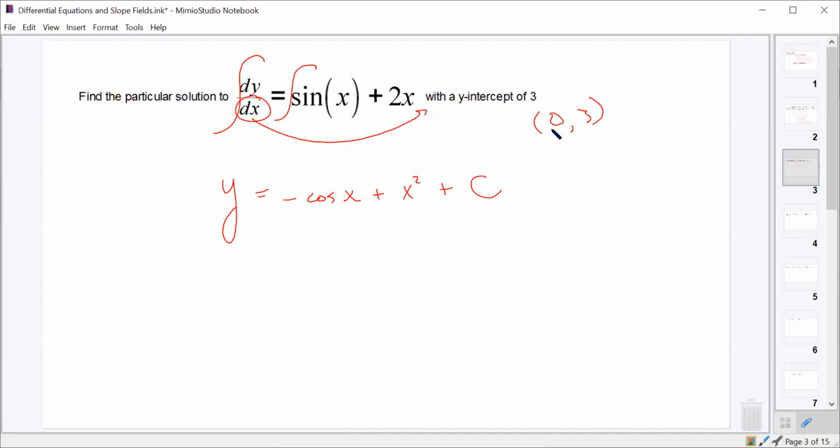We'll plug in 0 for x and 3 for y. Cosine of 0 is 1. So this is negative 1 plus c is 3, or c is 4. So easy enough. Our final solution here should be y equals negative cosine x plus x squared plus 4.